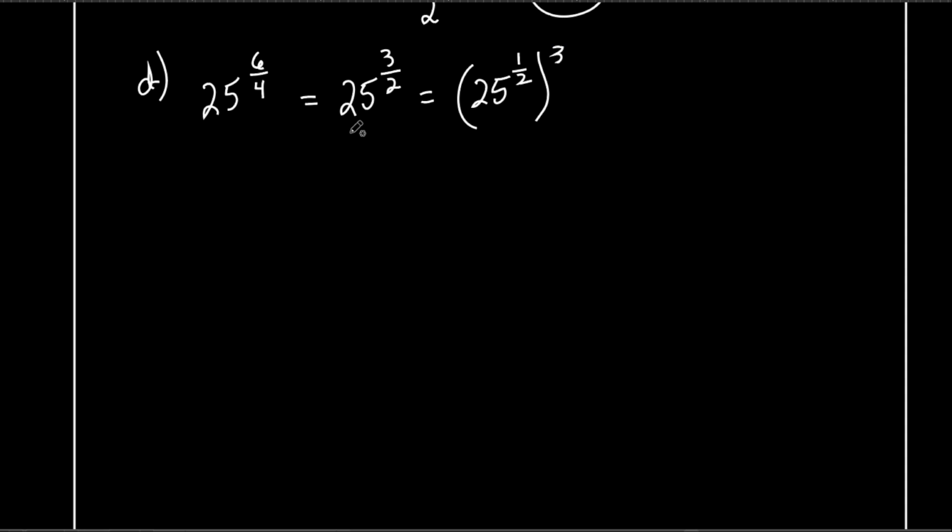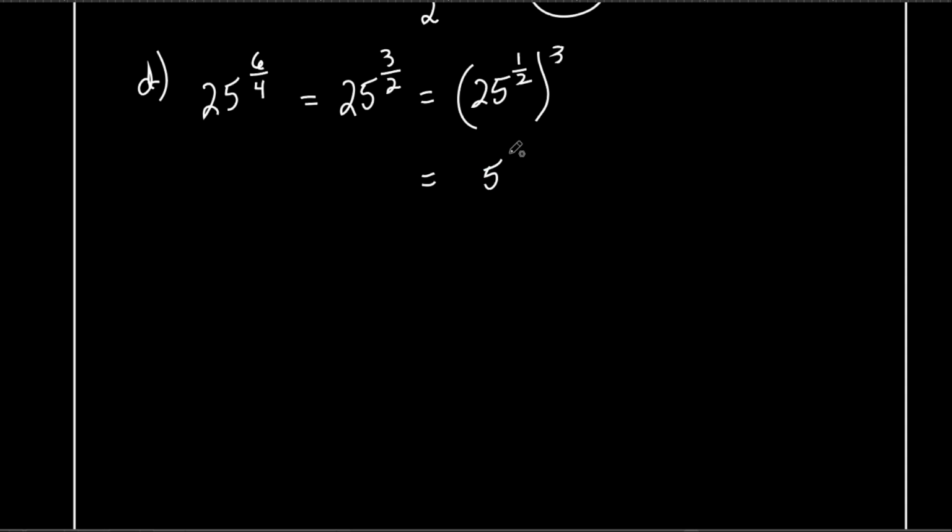Would you agree that's the same thing? If you wanted to go straight to the root, you could, but sometimes that can be helpful just looking at it. I kind of know what I'm going to do here. What's 25 to the 1/2? That's the square root of 25. So really, if you were struggling for time, there's no reason to write a square root of 25. You know what this means right here, don't you? You know that means a square root of 25, which is 5, right?